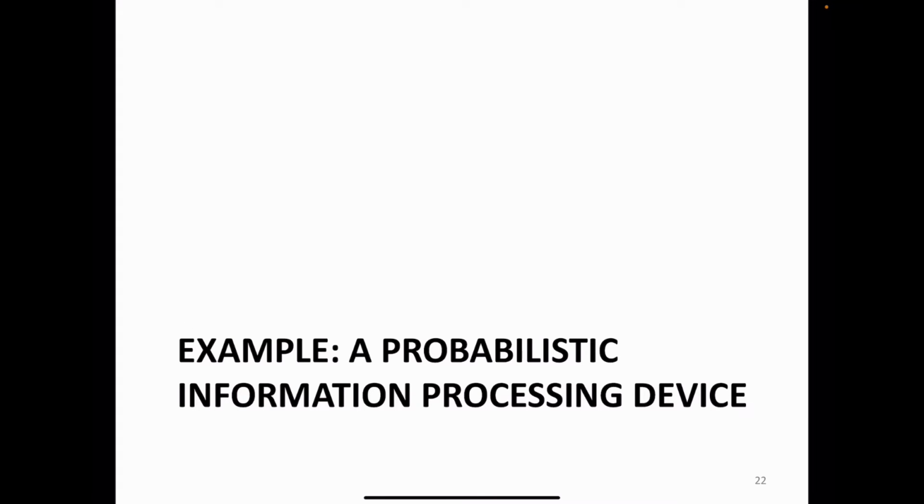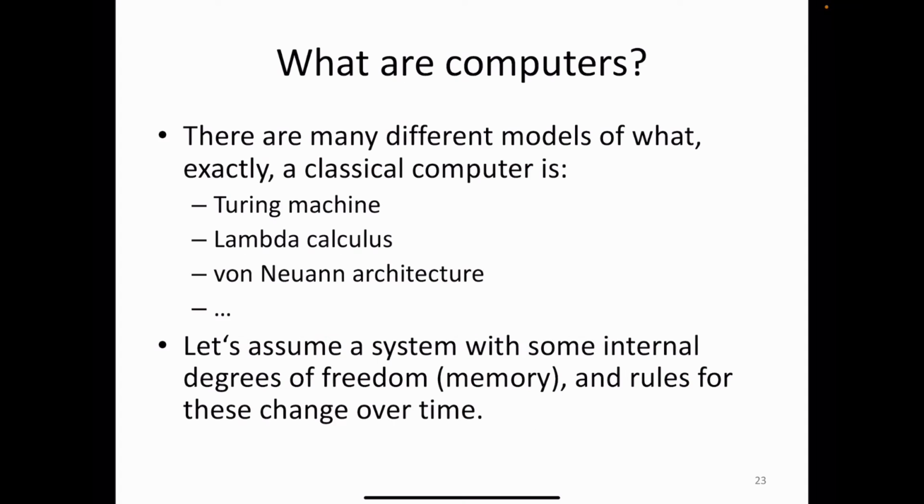So, to conclude this, let's look at two different kinds of systems. One is a classical probabilistic information processing device, and the other one is a quantum information processing device. Let's look at these devices from the perspective of the postulates that we just worked through. Let's start with a classical device.